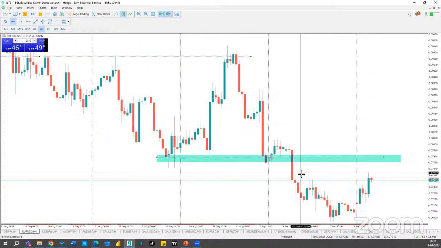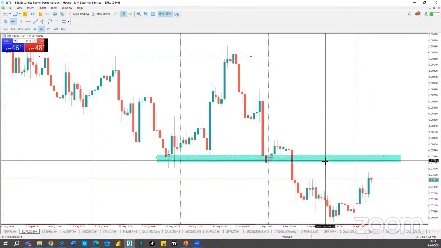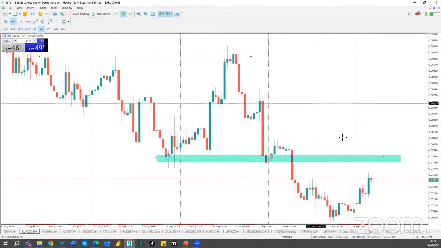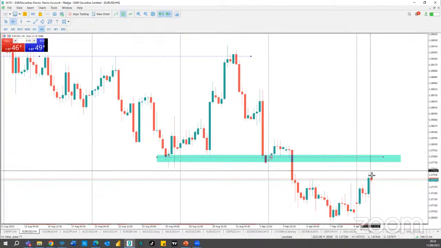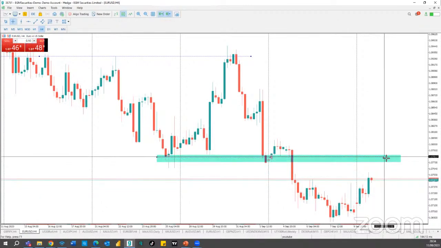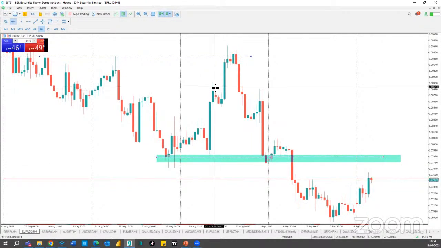This supports the likelihood of the price pushing much higher up to this zone, maybe to fill this gap. So if you go to a lower time frame with that idea in mind, you might be looking for buying opportunities while waiting for the price to tap this zone.